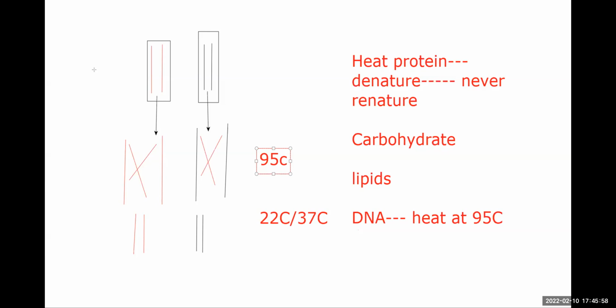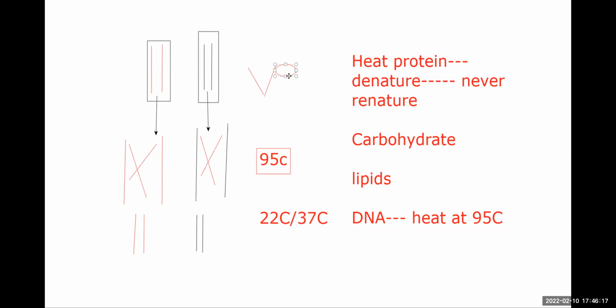Now, if you mix these two DNA, right? You take these two DNA, the red color and black color, and put them in a small tube, a microfuge tube that you see in a molecular biology or cell biology lab.